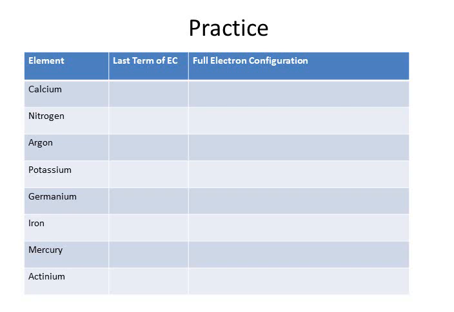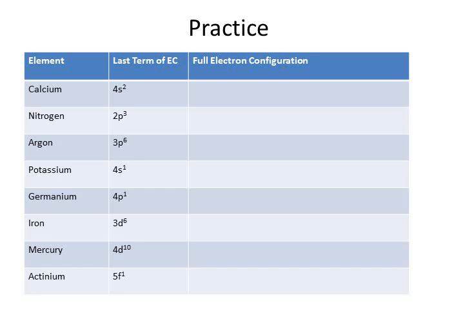So I want to give you time to practice. You already found the last terms for each of these elements earlier on your worksheet. So I want you now to go back and fill in the full electron configuration using those last terms. I want you to pause the video and record your last terms. You should have recorded the last term of your electron configuration, and it should look like this.